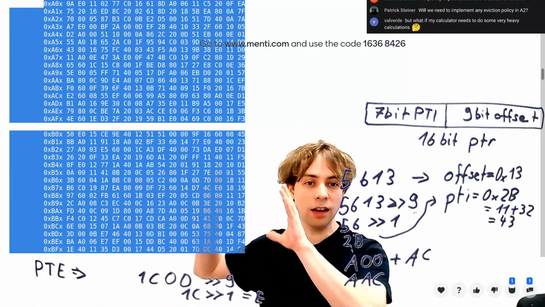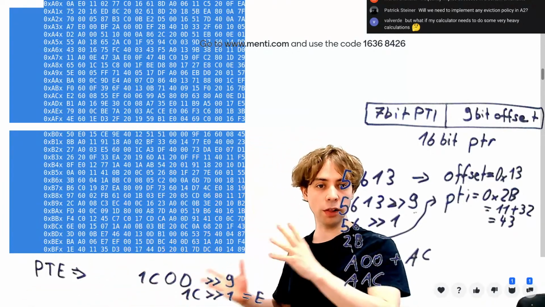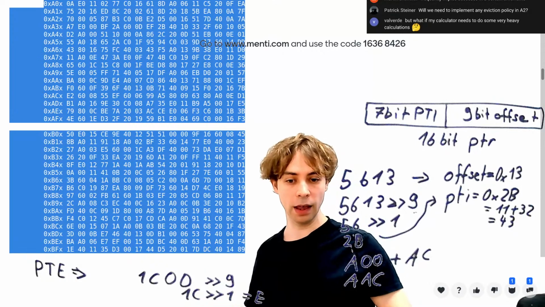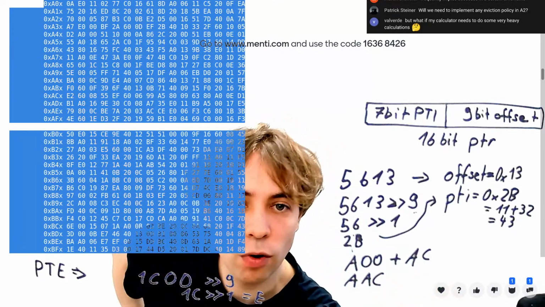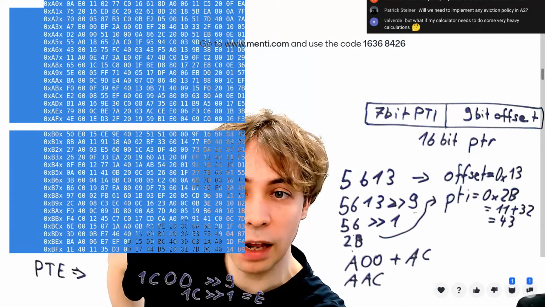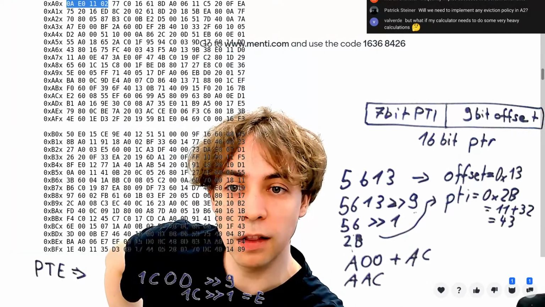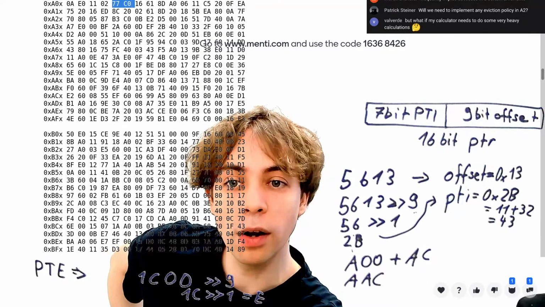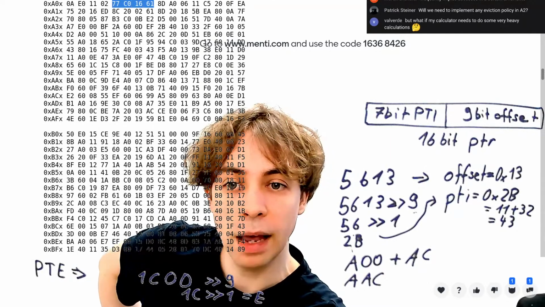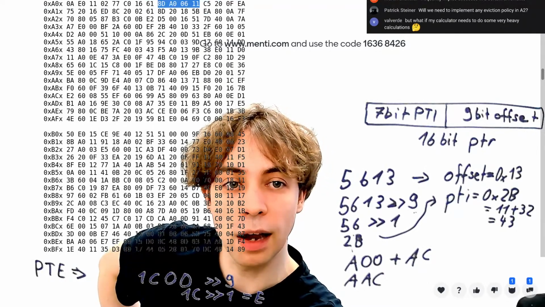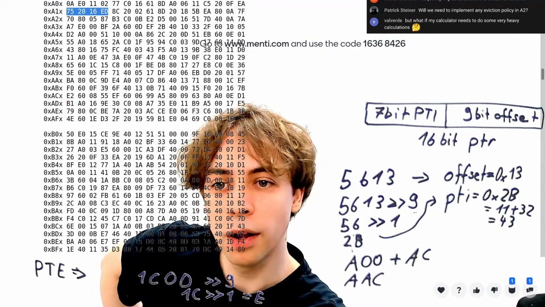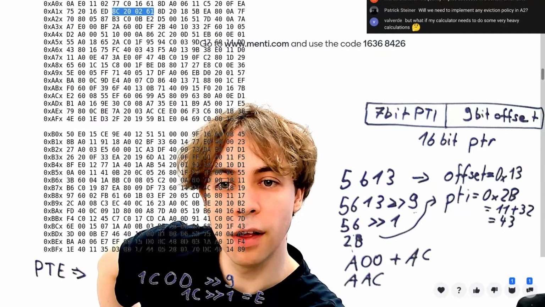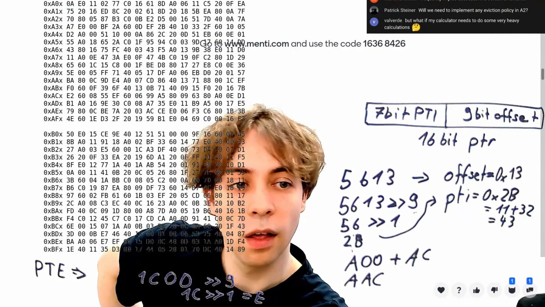Now we can see the entire page table here, all the data from the page table. And we can now just go and check out which entry is which. If we have page table index 0, then we would read this value. If we have page table index 1, we read this value. Page table index 2, we read this value. Page table index 3, 4, 5, 6, 7.